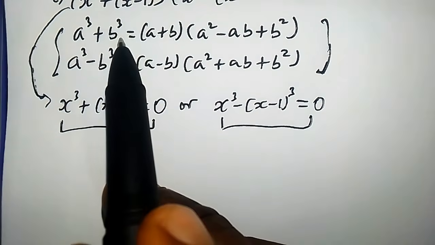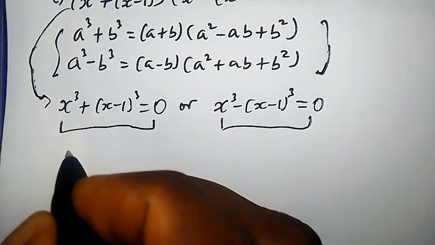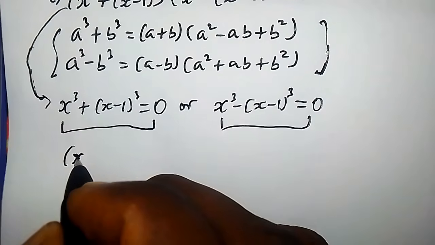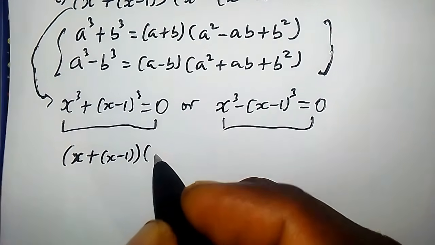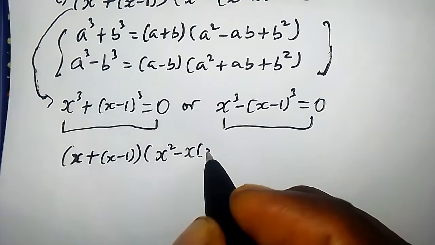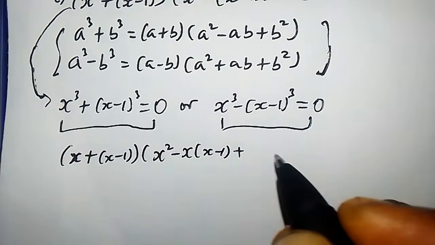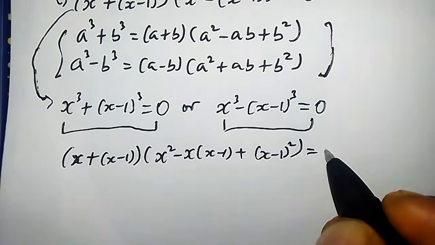So applying this first identity to this, we simply have (x plus x minus 1) times (x square minus x times (x minus 1) plus (x minus 1) all squared), everything equal to 0.